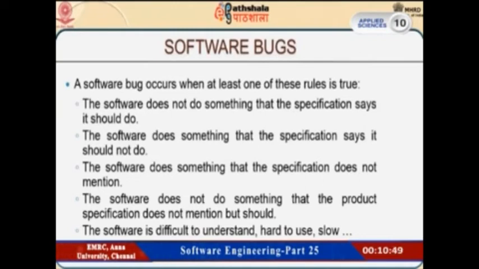The software does something that the specification says it should not do. So the software behaves unnaturally or goes beyond the specification, doing something more than what the specification has mentioned.